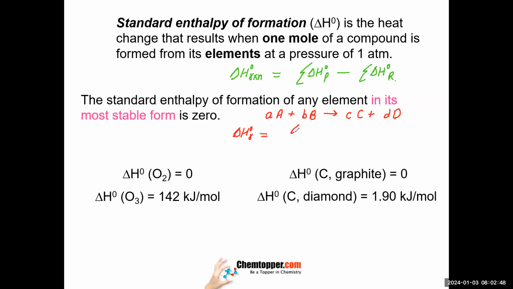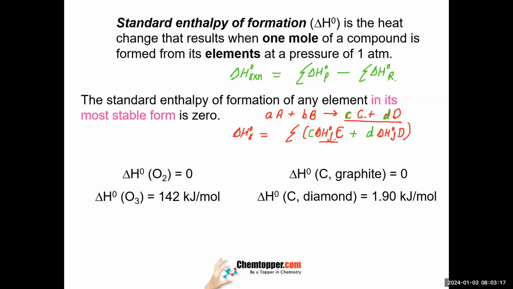It is the summation of delta H naught formation of the products C and D. So delta H naught formation of C multiplied by its coefficient, plus the coefficient of D multiplied by delta H naught formation of D.